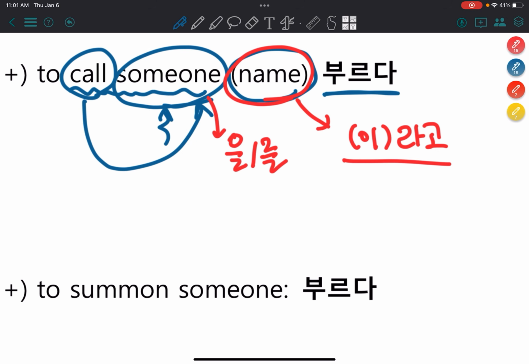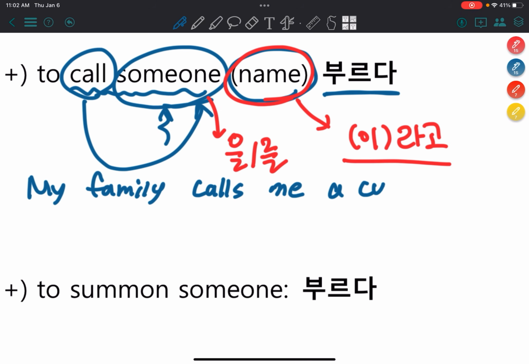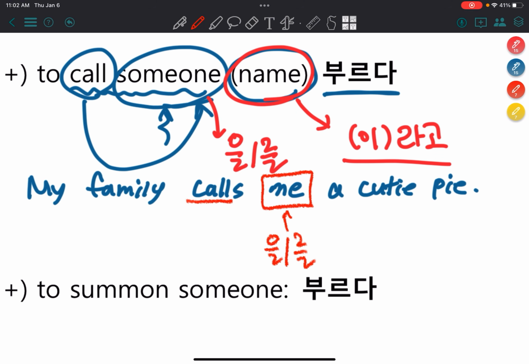So for example, if you want to say, my family calls me a cutie pie, if you want to translate this, you would mark me with 을, someone that is called, is directly called. So I am an object in the sentence. I'm the object of the verb call.